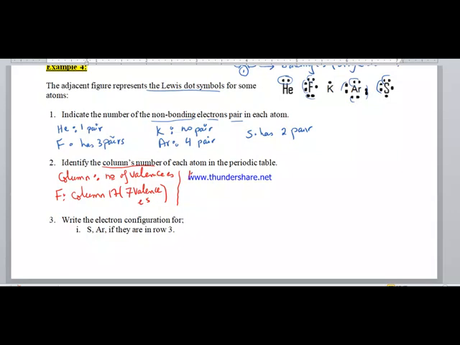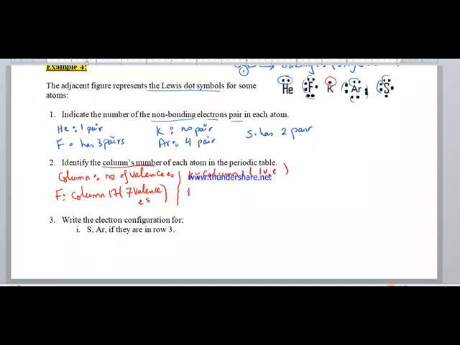Potassium, K, is in column 1. It has only 1 valence electron.